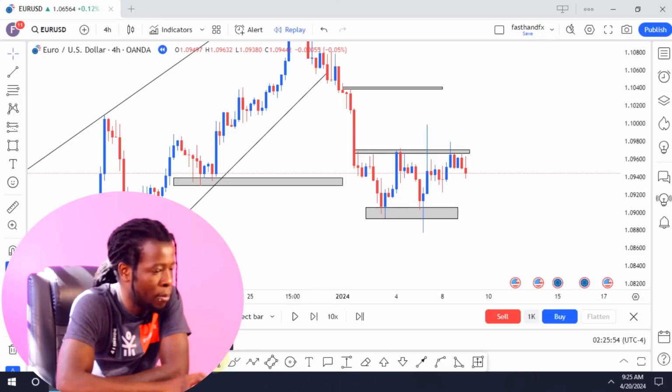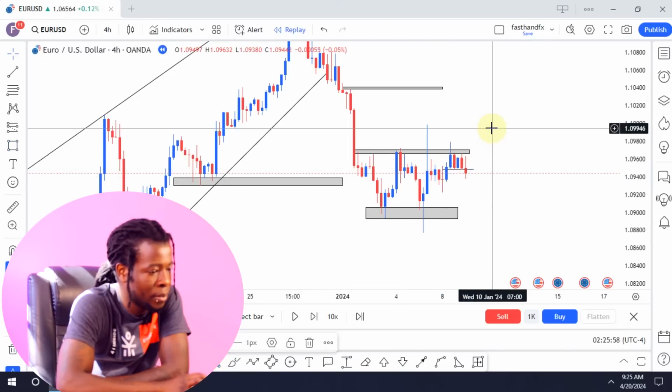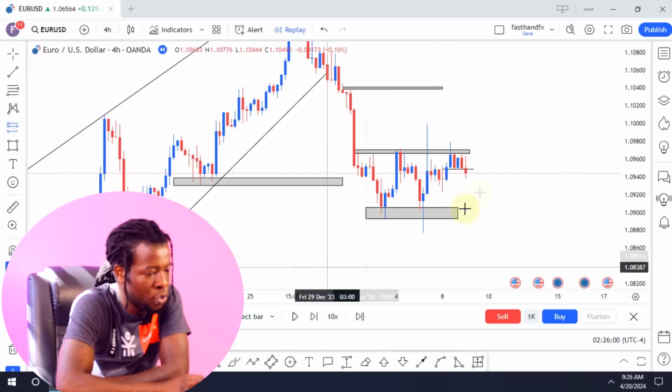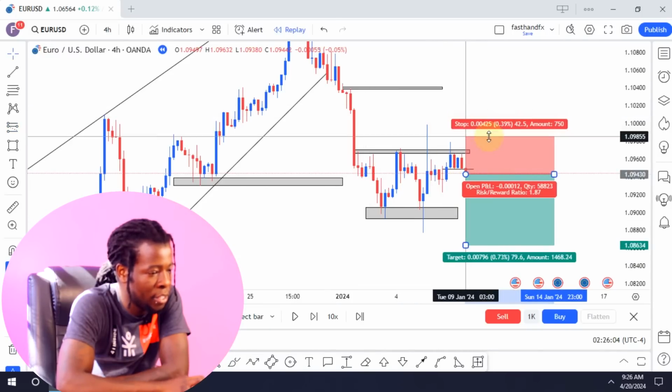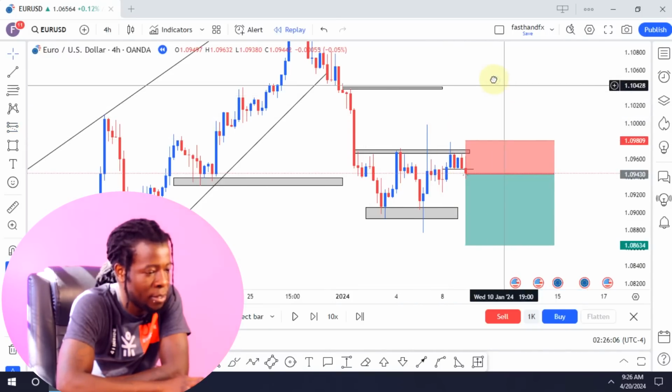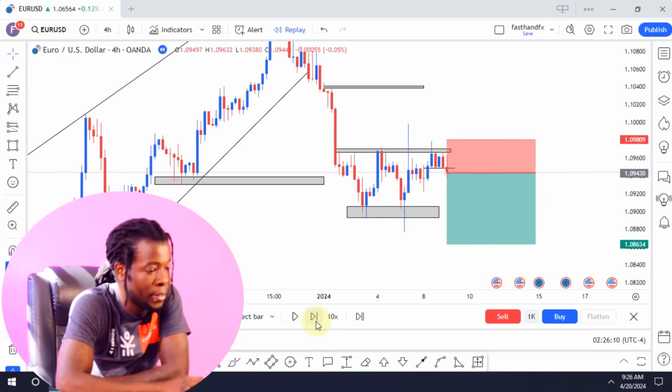The market kind of broke around this level right here. Okay, now this is based on the H4. That's quite a lot. A lot.